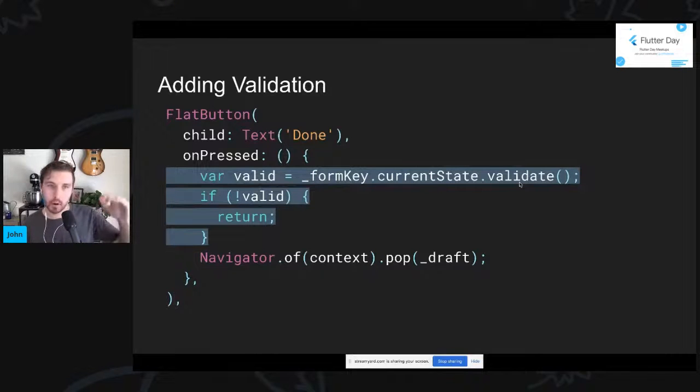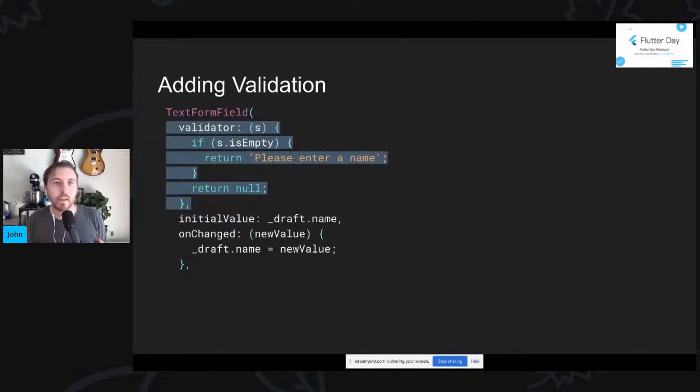It's going to go through all the form elements in your form, and it's going to call this validate method. So we need to add a validator method, and this is really easy. If you're using a text form field, it just gives you the value of your field, and in this case, you just check if it's empty. If something's not valid, you return a string. If it is valid, you return null.